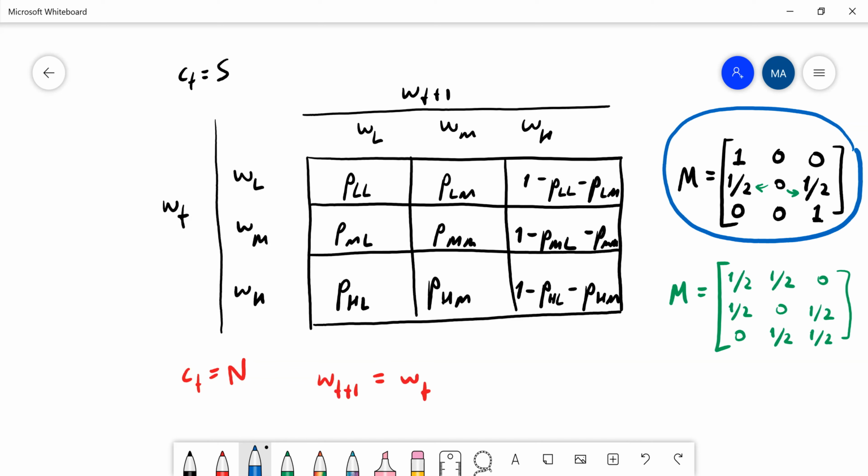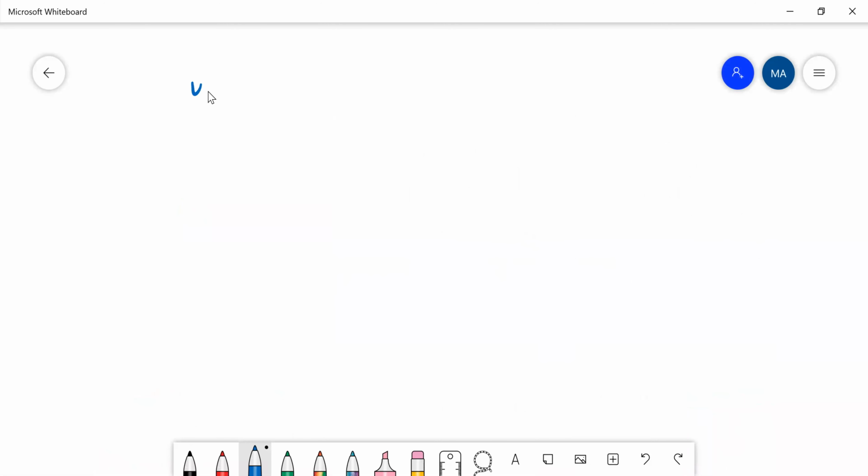If I am already a low-wage worker, even if I search for a new job, I cannot find a new job with a better pay, all right? So if W_t is equal to W_L, then the intuition suggests that there should be no search. Similarly, if W is equal to W_H, then no search would be optimal, all right?